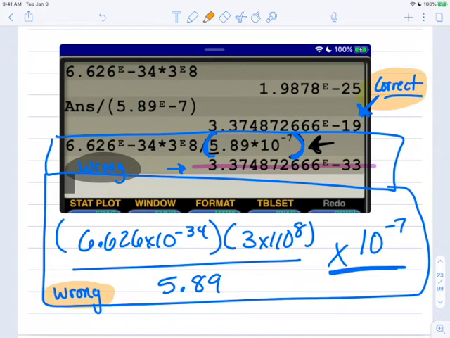Okay. Any questions on how we put it into the calculator or anything else here?